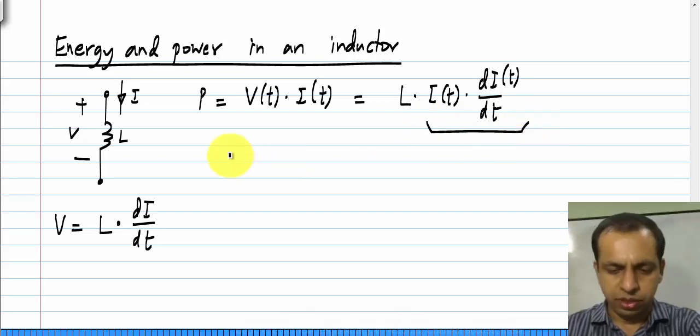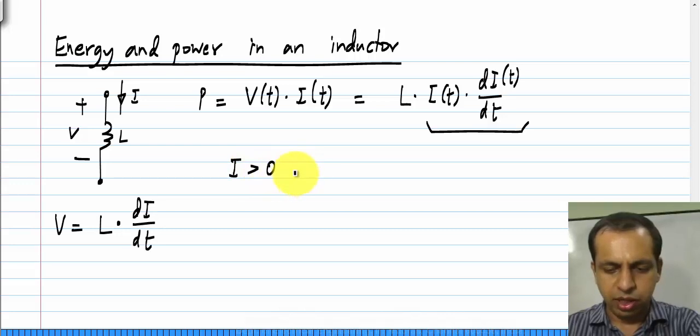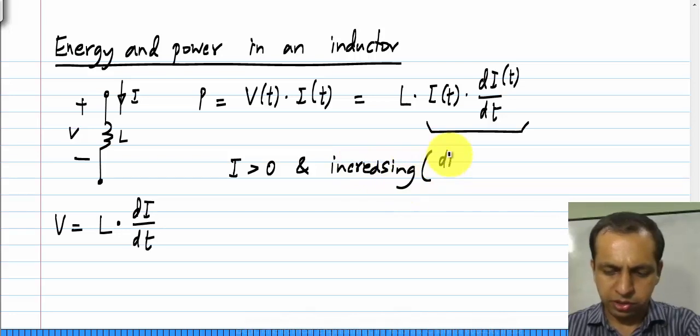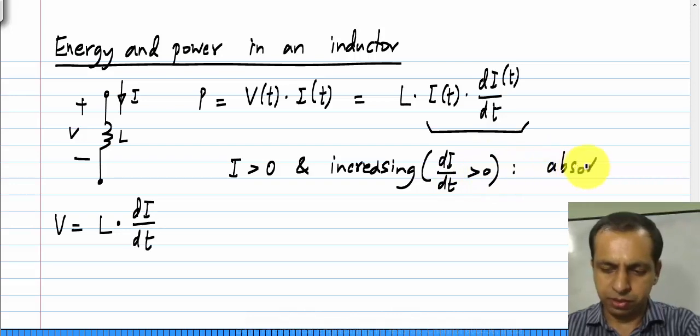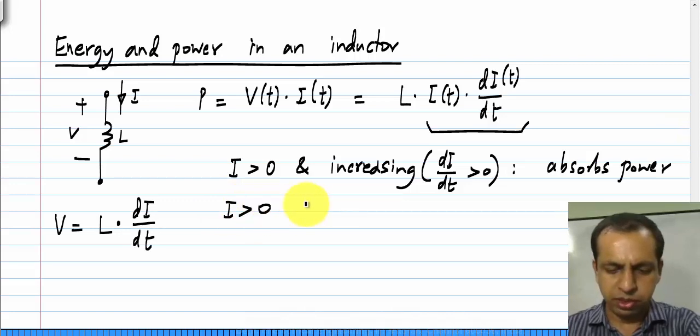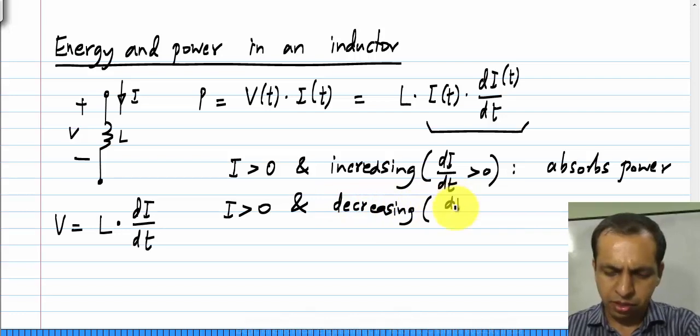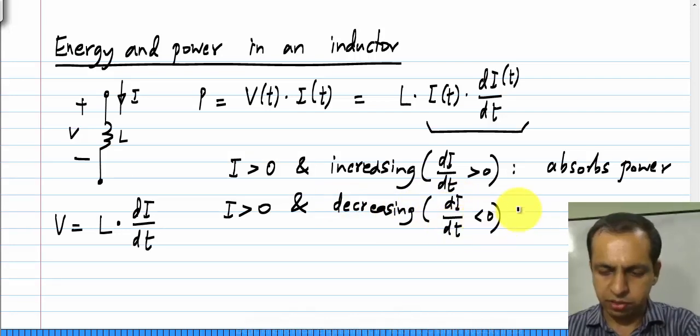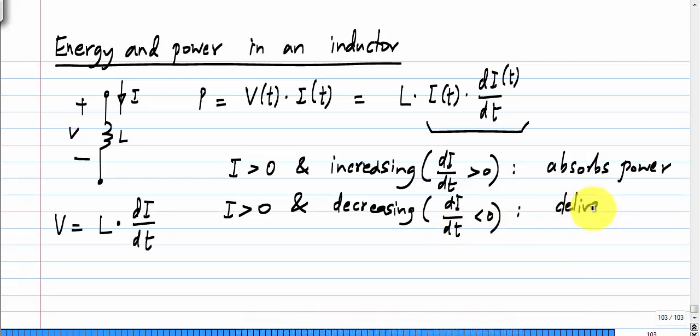So, if you look at this product, we have these possibilities. Let us say the current is greater than 0 and increasing, which means its derivative is also greater than 0, then the inductor absorbs power, or power is being delivered into the inductor. Similarly, if I is more than 0 and decreasing, that is the time derivative is less than 0, then it delivers power.